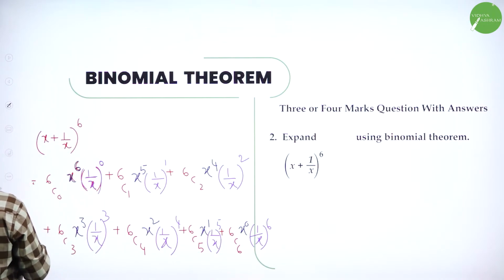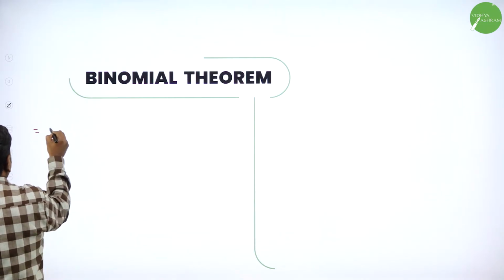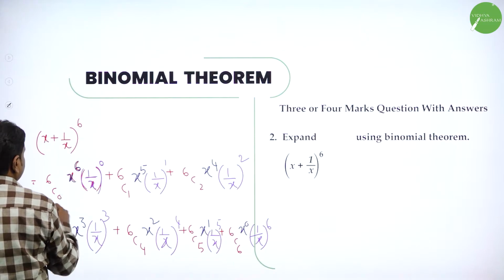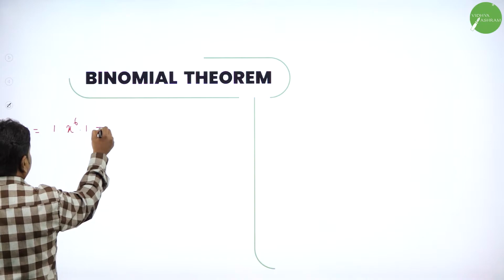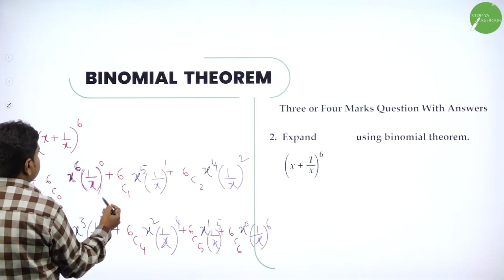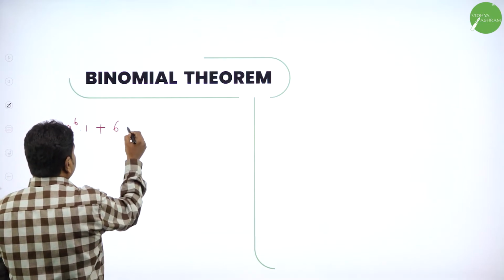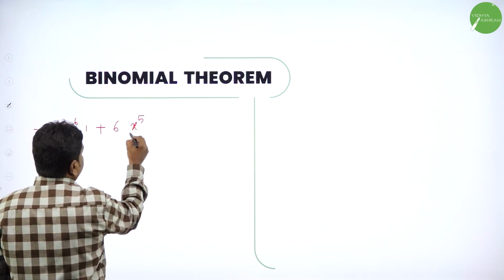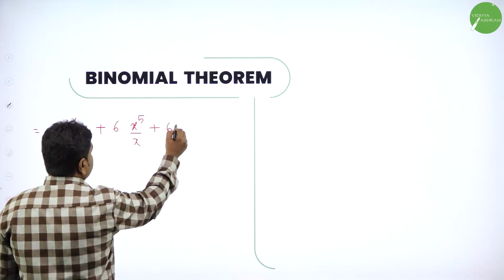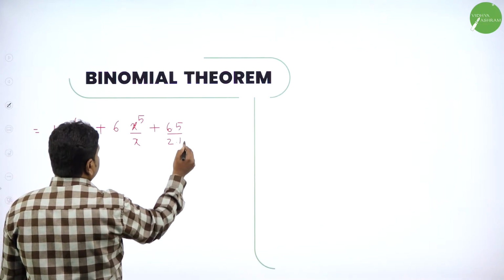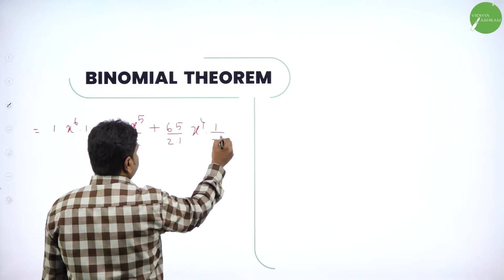Now we'll simplify this. 6c0 is 1, x power 6, and anything power 0 is also 1, plus 6c1 is 6, then x power 5 by x, plus 6c2. What is 6c2? 6 into 5 divided by 2 into 1, and then we have x power 4 by x square.